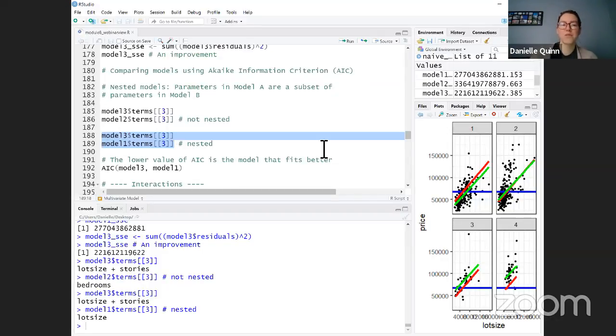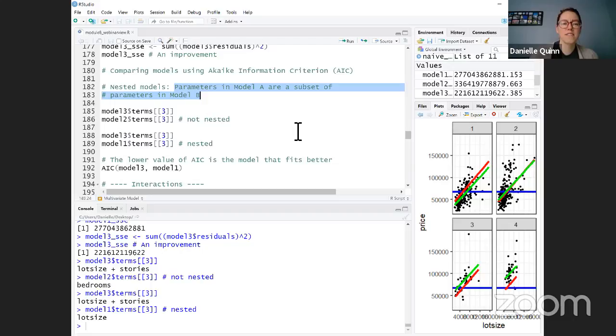And so as soon as the data being used in one model is different than the data being used in another model, it is also no longer nested. Okay, so those are the 2 things. Have to use the same data, and they have to have parameters that are a subset of the other model.